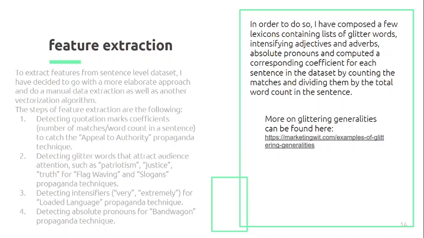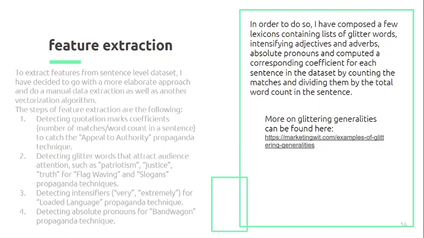Next is to detect glitter words that attract audience attention, such as patriotism, justice, truth, for flag waving and slogans propaganda techniques. Detecting intensifiers, that's words like very, extremely, incredibly, for loaded language propaganda technique. And the last one is detecting absolute pronouns like everyone, everything for the bandwagon propaganda technique.